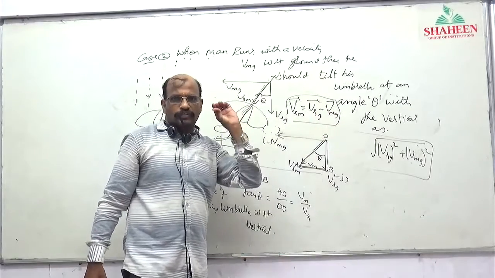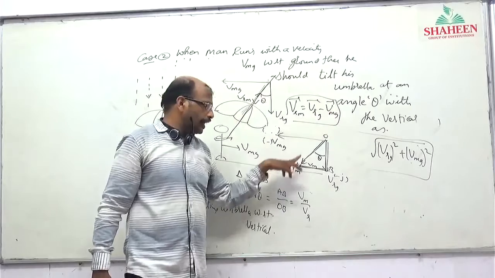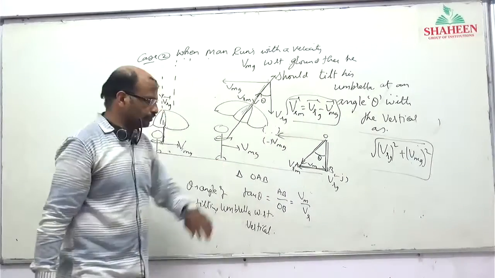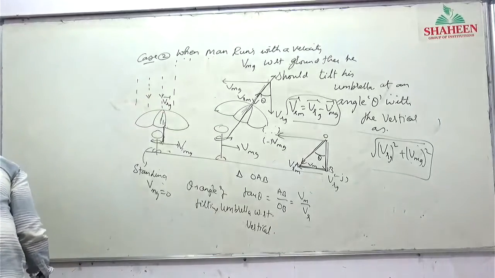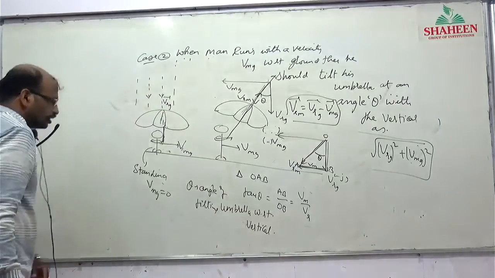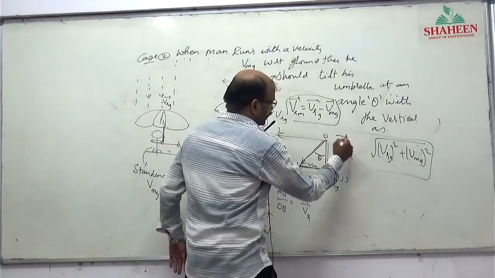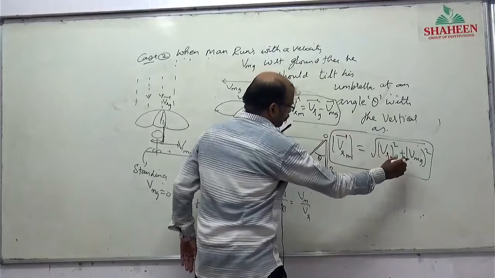In order to draw the vector diagram properly for velocity of rain with respect to man, I have drawn the vector diagram here. Understand it? Okay? Magnitude I wrote here already. Vrm magnitude is under root of Vr square plus Vm square.